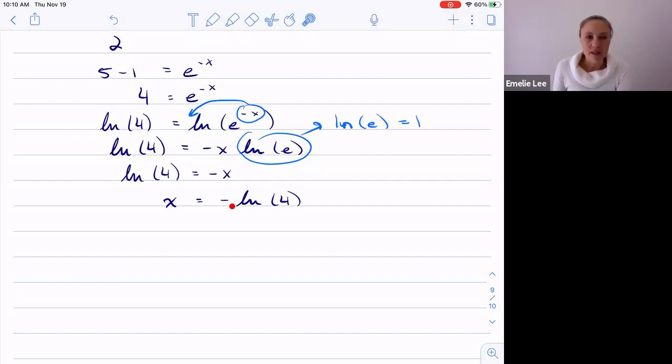You could simplify this if you wanted to. The negative log of 4 should be the same as the log of 4 to the negative 1, which is 1 over 4, so the natural log of 1 over 4. You can try it.